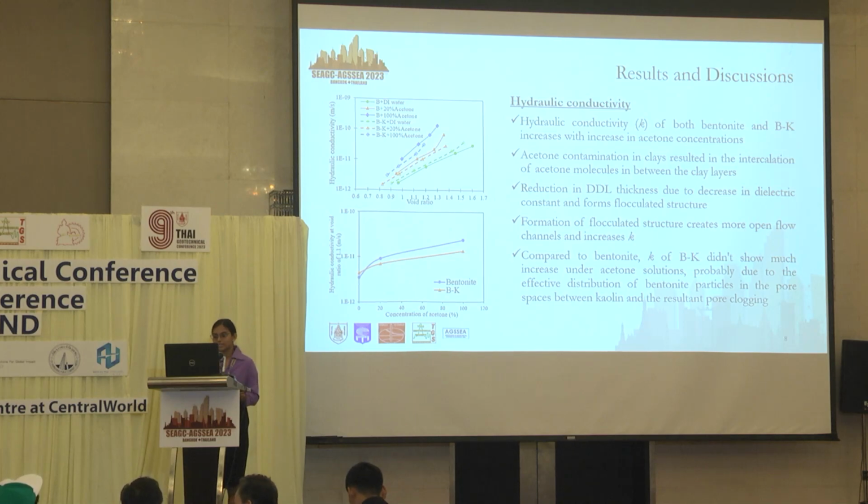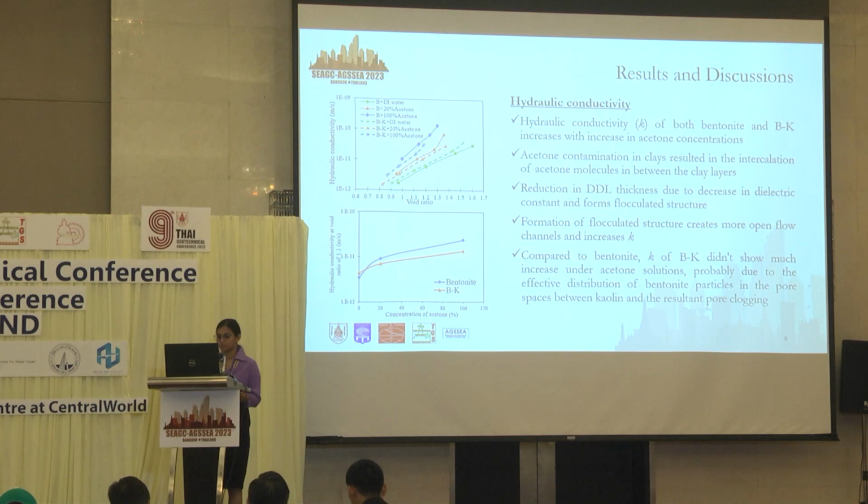Acetone contamination in both bentonite and BK mixtures resulted in the intercalation of acetone molecules between the clay layers, and as a result there is a reduction in diffuse double layer thickness, and a more flocculated structure can form. Due to this flocculated structure, there will be flow paths which increase the hydraulic conductivity of the bentonite and BK mixture.